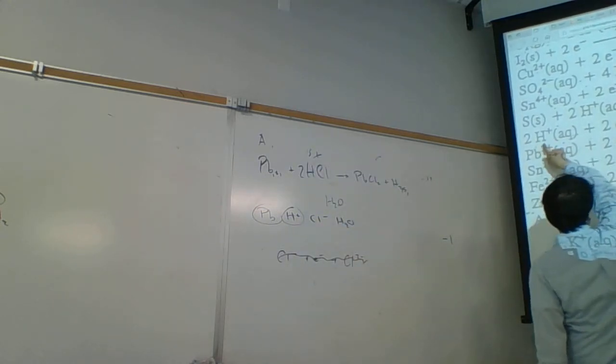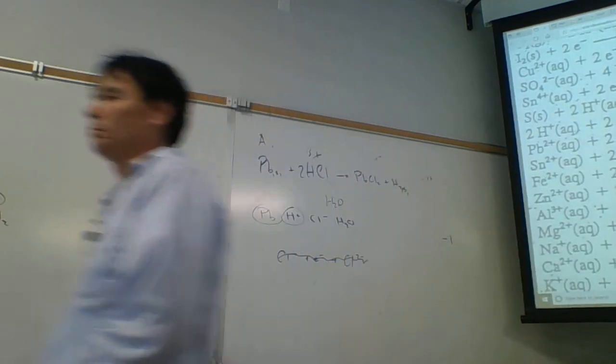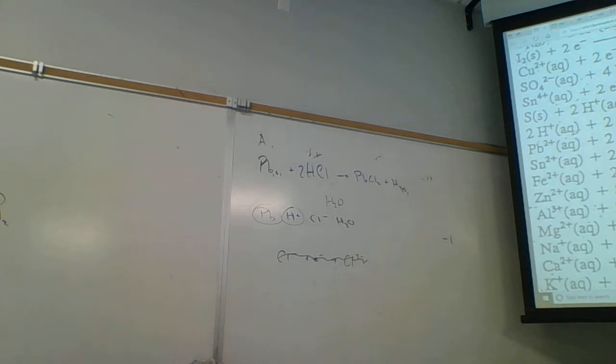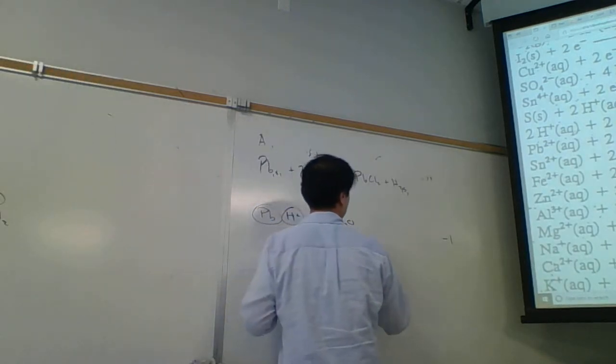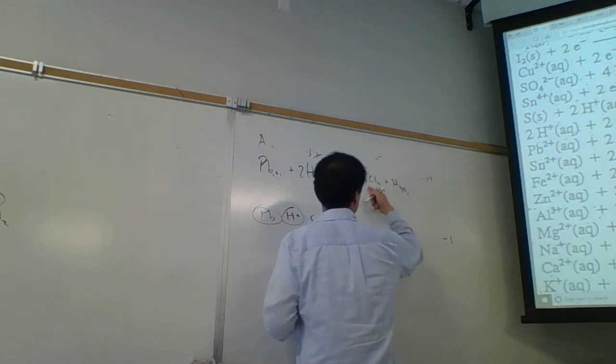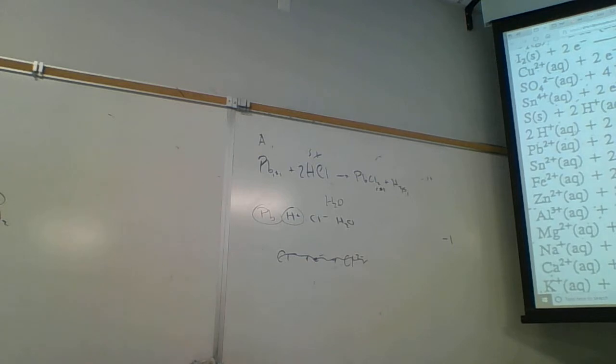And then 2H+ plus 2 electrons goes to hydrogen. Just combine them. Only thing we'd be missing is this. Once that redox reaction takes place, then there's going to be a metathesis reaction between lead ions and chloride ions. Lead and chloride like each other, no precipitate ions. So that's a second reaction that occurs.